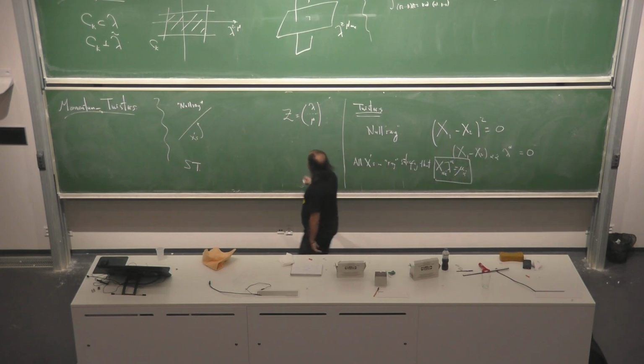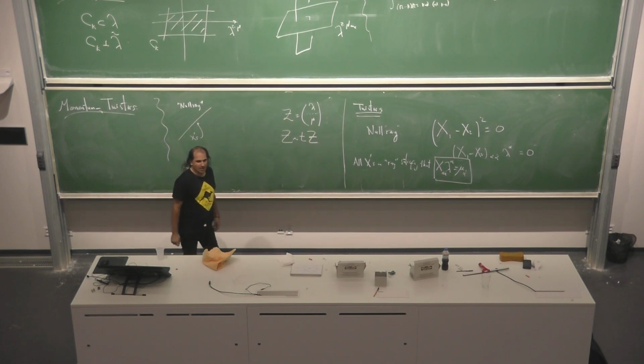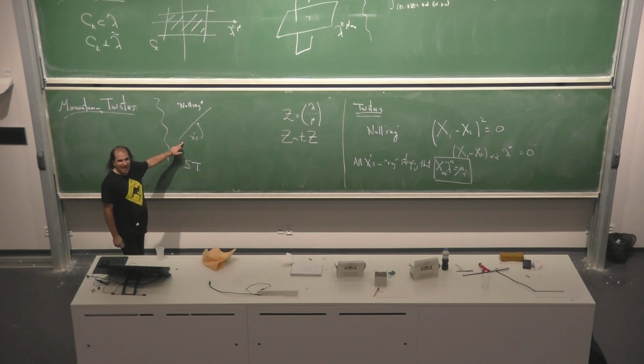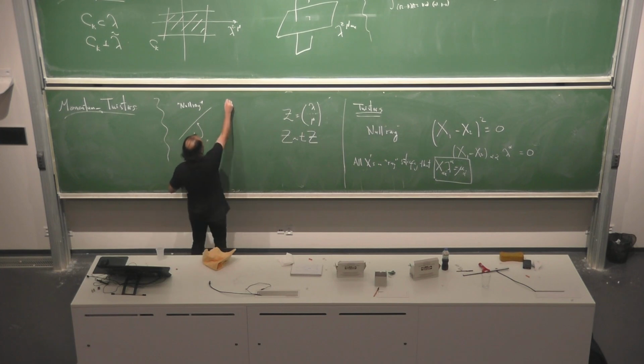So the z's are equivalent to t times z. In other words, if I multiply everything by t, the null ray that they correspond to is exactly the same. Is that clear?